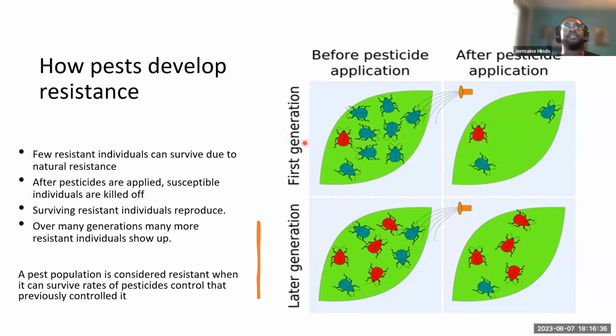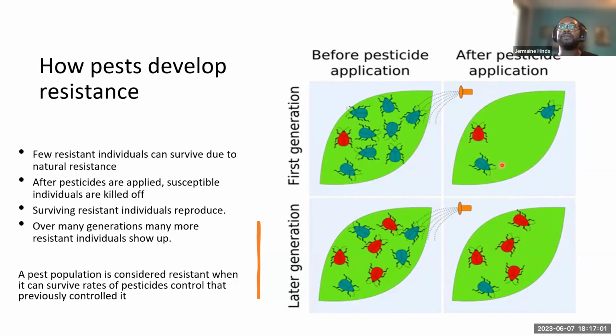In this first generation, before any pesticide application, this red one would be resistant to the chemical you apply, let's say chemical A. When you apply that pesticide, it will kill the susceptible ones. Maybe one or two susceptible ones might escape the spray, but the resistant ones hang around.